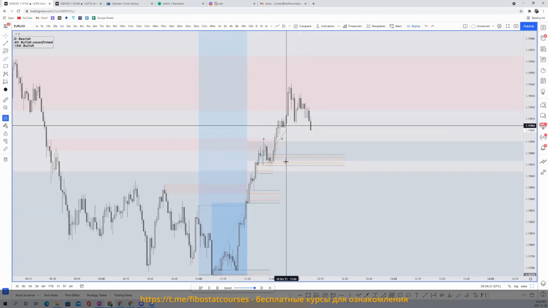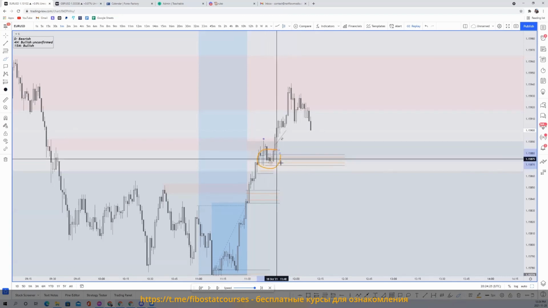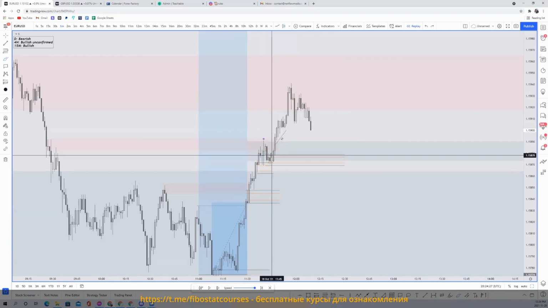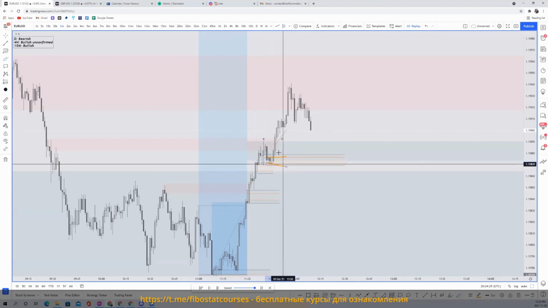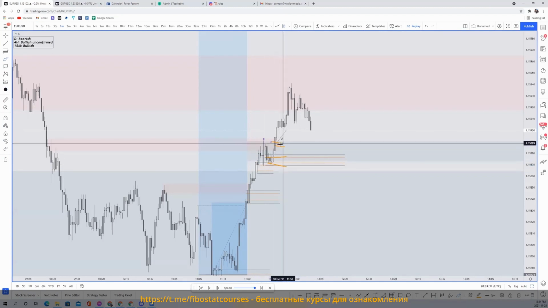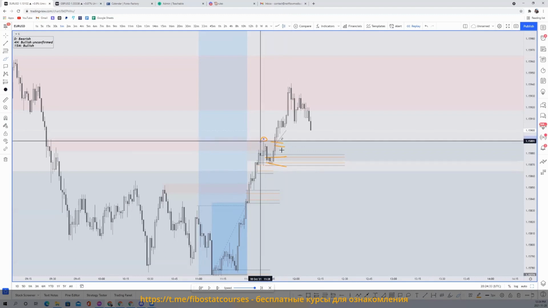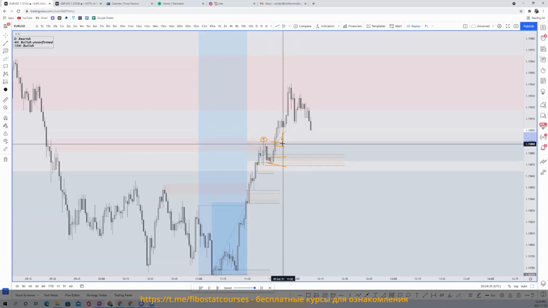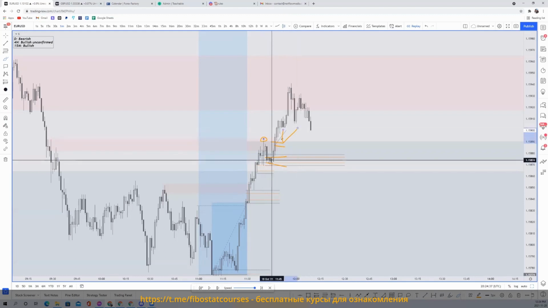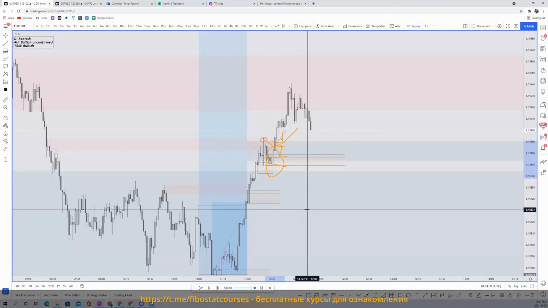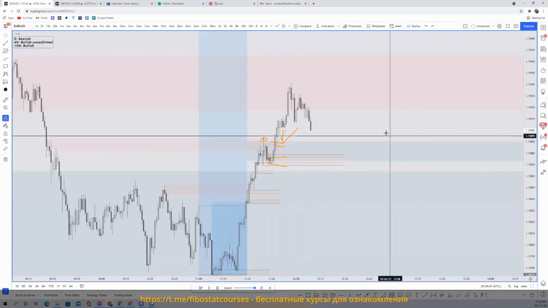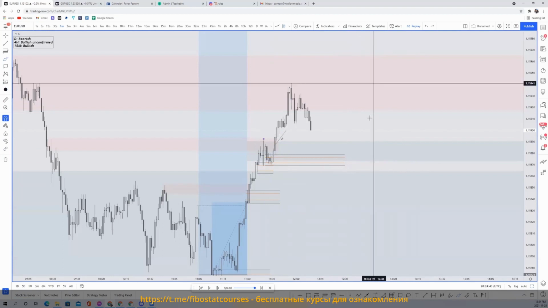In my testing, I found that if these two zones are touching, you want to go for the extreme. Now, if you have a zone here and you have a zone here that caused this reaction point to fail, then I would put my order on this zone because it'll likely go. But as soon as they're touching, you always want to be on that extreme. Especially with Euro, I found this seems to be true more often than not.